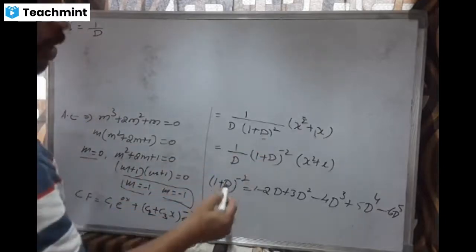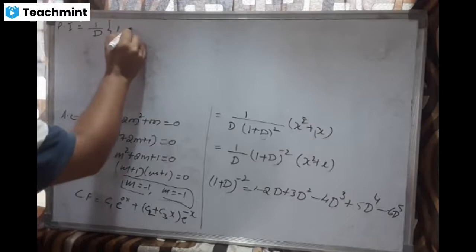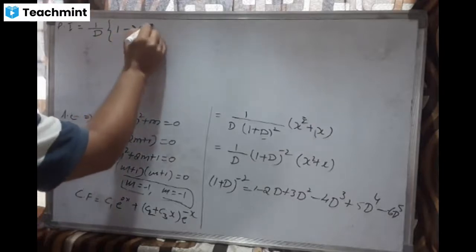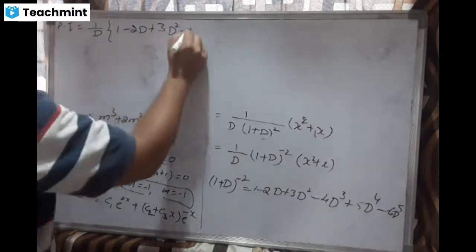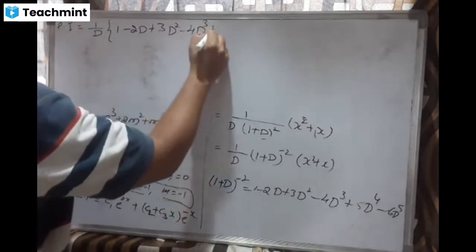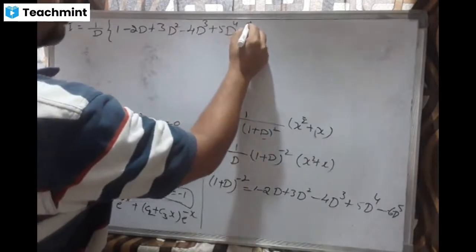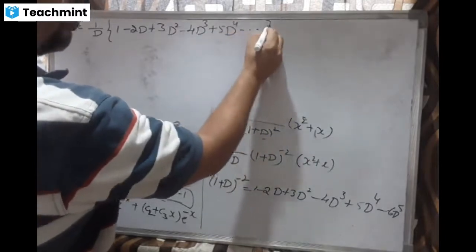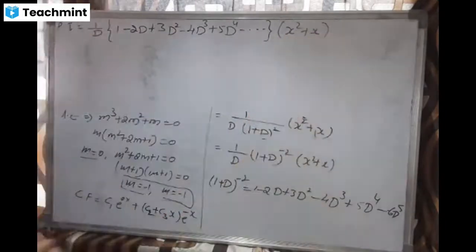Instead of this part, I'm substituting this part, that is, flower bracket 1 minus 2d plus 3d square minus 4d cube plus 5d to the power of 4 minus, it will go like this. Okay, close this, and with x square plus x will be there.